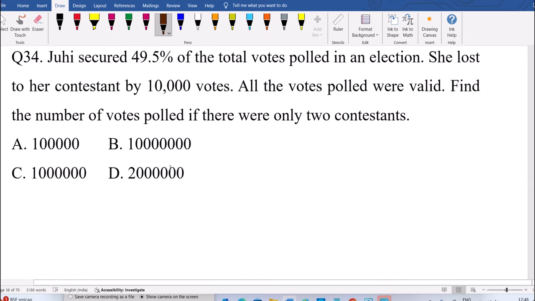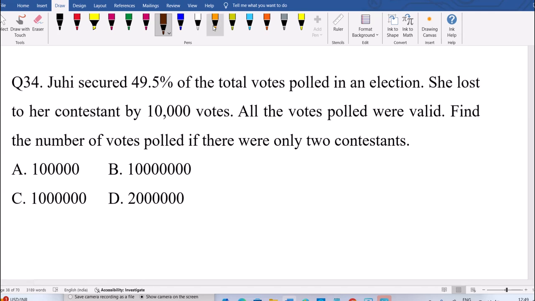Now, a serious question, percentages, voters concept. So this is an election concept.